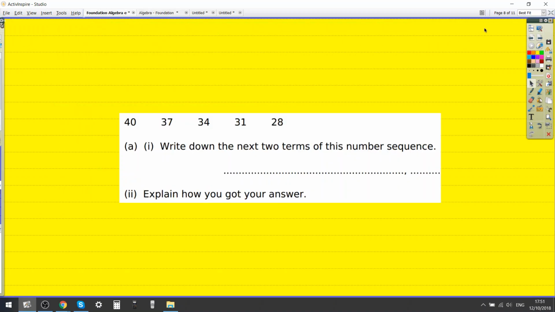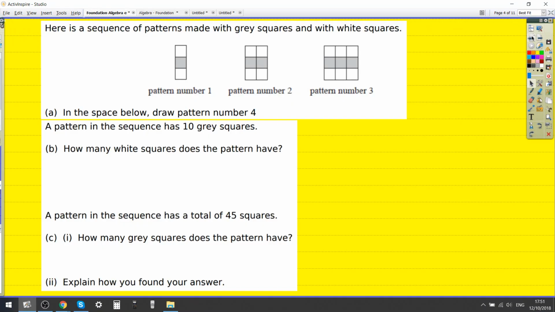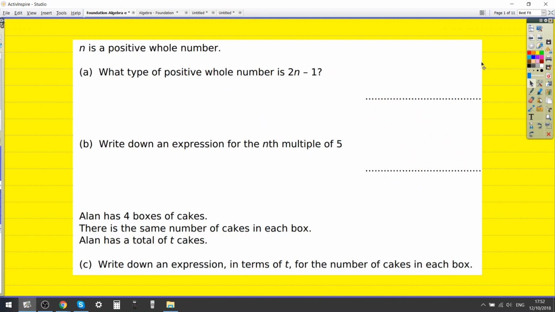Now I think I'll just do the mixed questions now. Oh yeah, so these crazy ones. Any idea about part A? Part A. What type of positive whole number is 2n take away 1? What does it mean by what type? So I think what might help is if you actually just write them out, and then you'll see it.